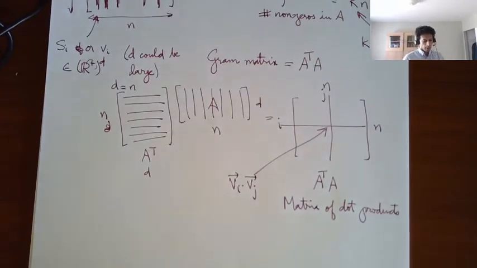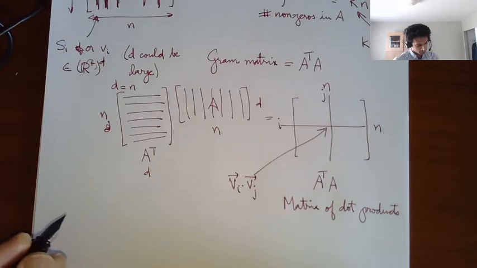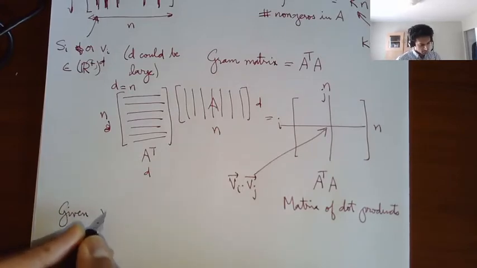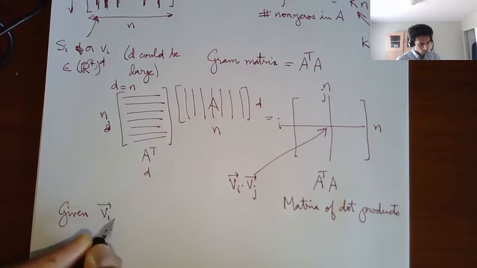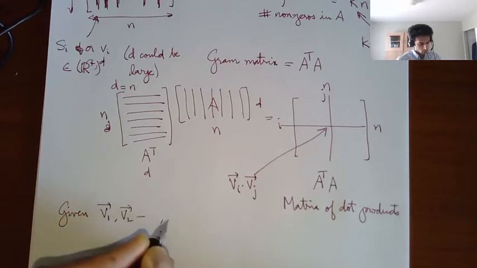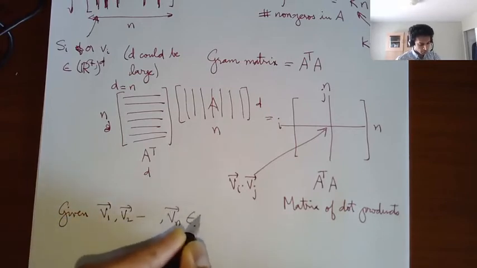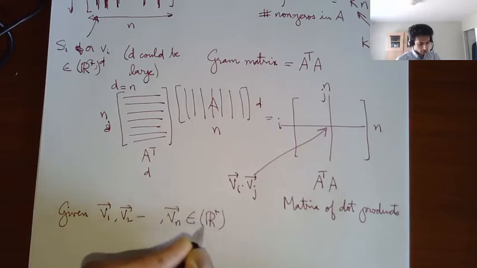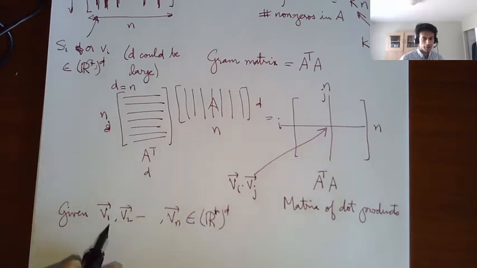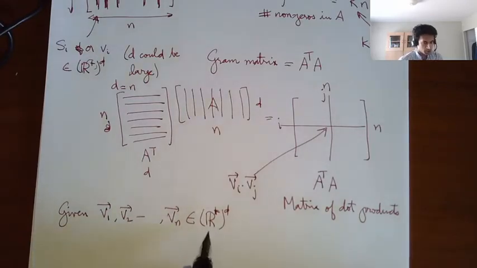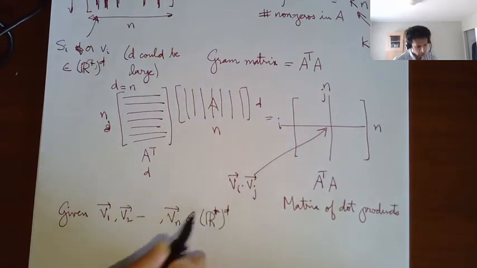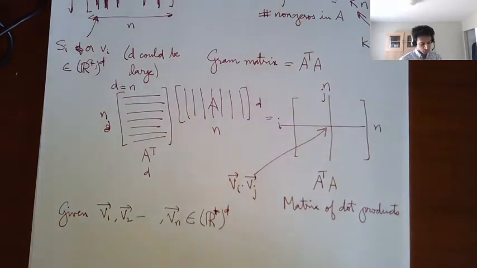And so I can rephrase the problem by saying: given vectors v_1, v_2 to v_n in R_+^d, so these could either be Boolean vectors, or normalized vectors, or just arbitrary vectors at this point. Let me state it more generally.